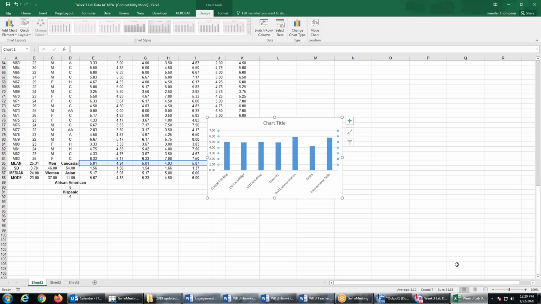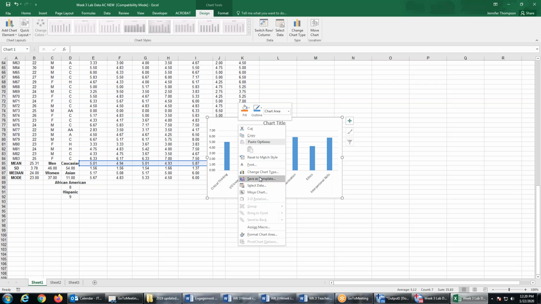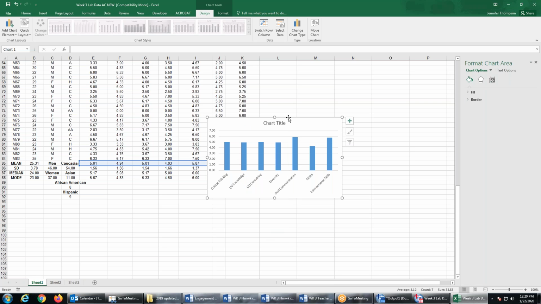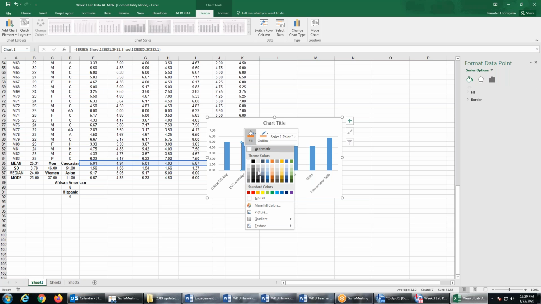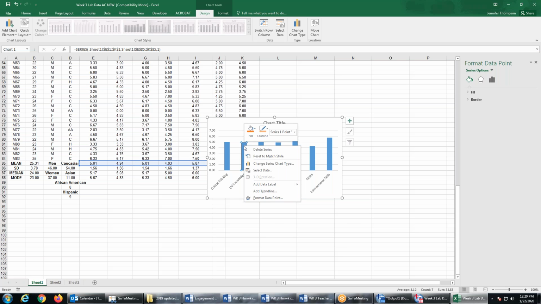Right. So then here's where format chart area. Just showing them, you know, they could do a different outline, a different fill.